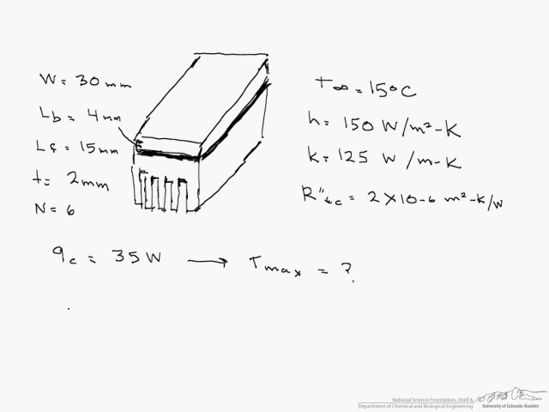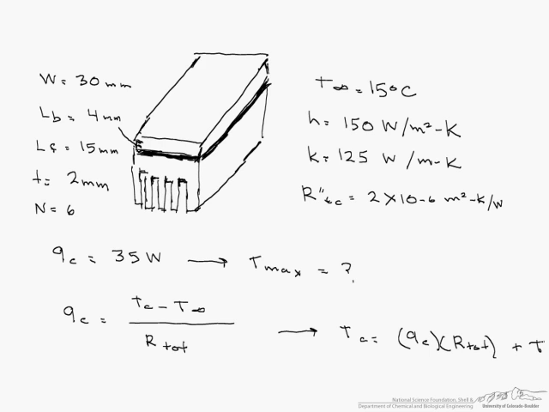So our governing equation is that Q sub C is the temperature of the chip minus the temperature infinity, divided by the sum of the total resistance. Or we can write this, T sub C is Q sub C times R total plus T infinity. So we have everything that we need except for that total resistance.